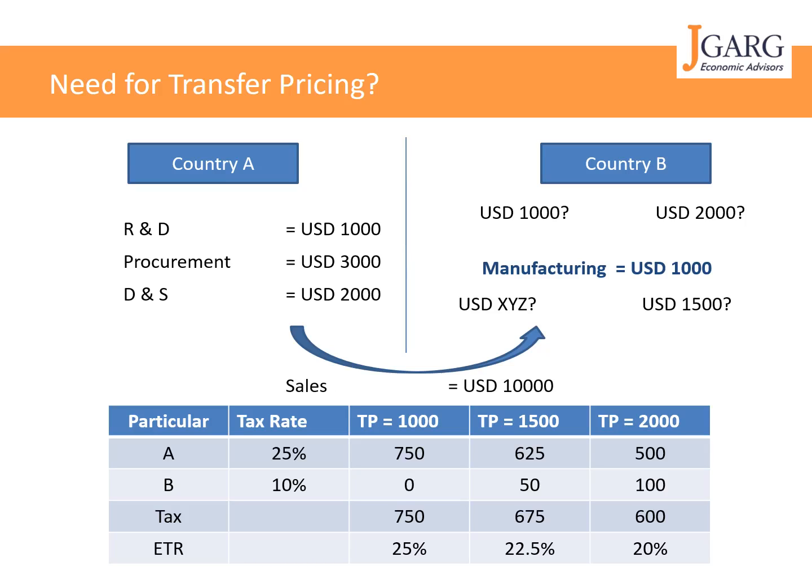So through this transfer of profit, global companies try to reduce their effective tax rate, which in turn increases the shareholders' return.